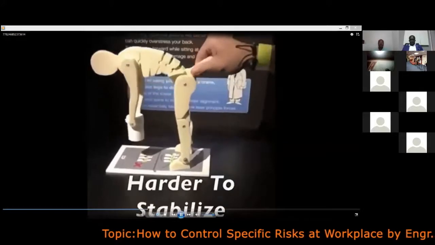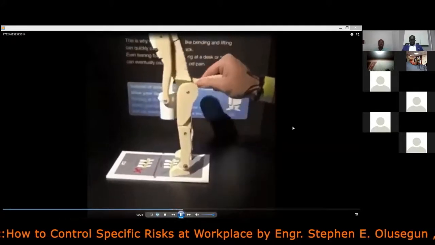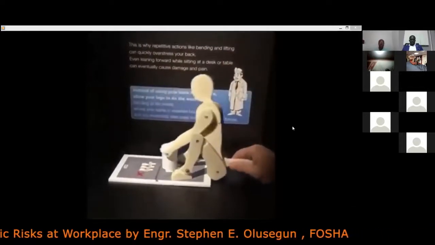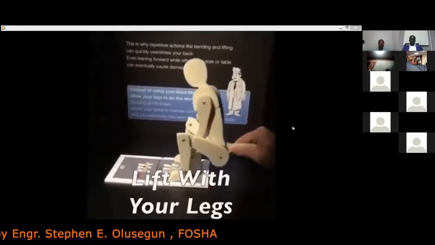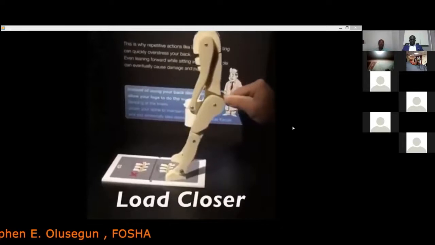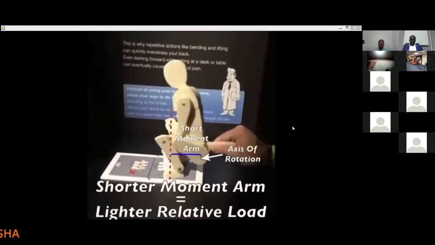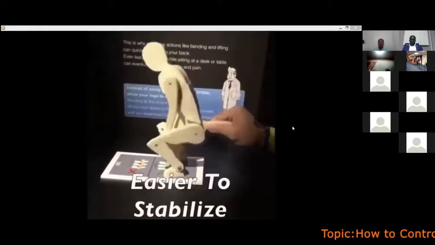Look at the axis of rotation. He is basically using his back to carry the load. Lift with your legs, not your back. Subtle movement, arm, easier to stabilize.